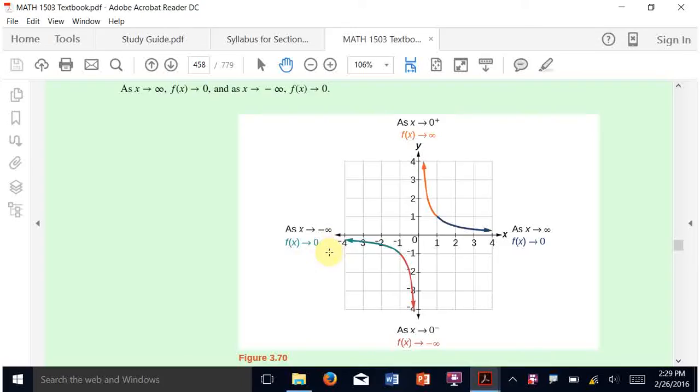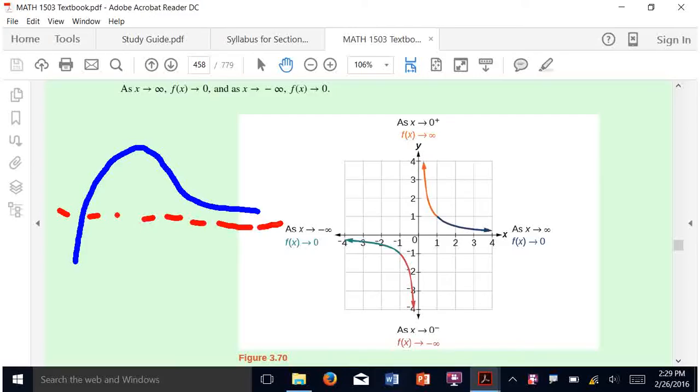It's important to note that you can have horizontal asymptotes that, for example, look like that, where you have a function with a horizontal asymptote, and your function approaches this horizontal asymptote as x approaches infinity, for example, but it's never going to cross that asymptote.